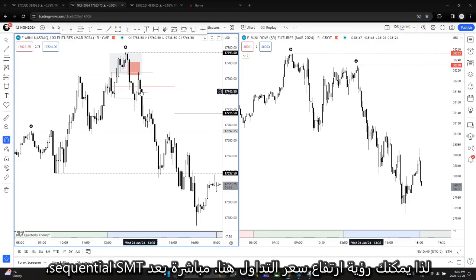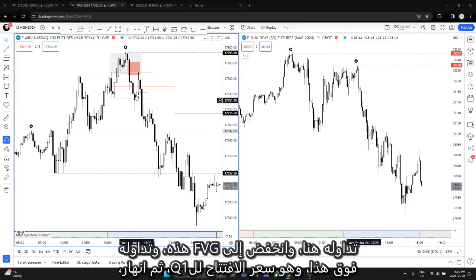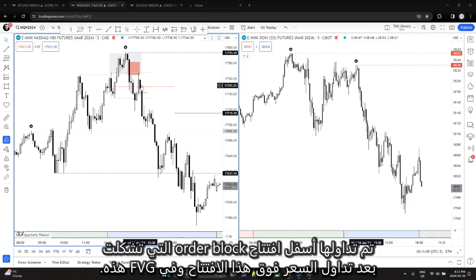So you can see price trade up here after the sequential SMT, dipped into this fair value gap, traded above this, which is Q1's open, broke down, traded below the opening of the order block, which formed after price traded above this opening and into this fair value gap.